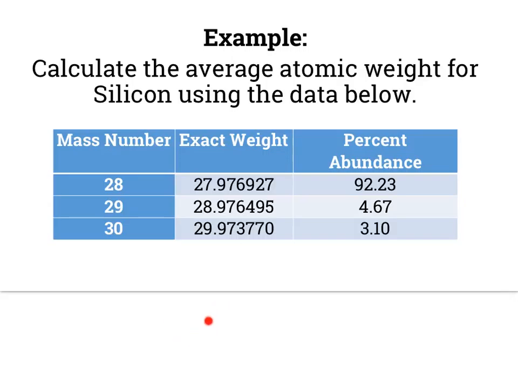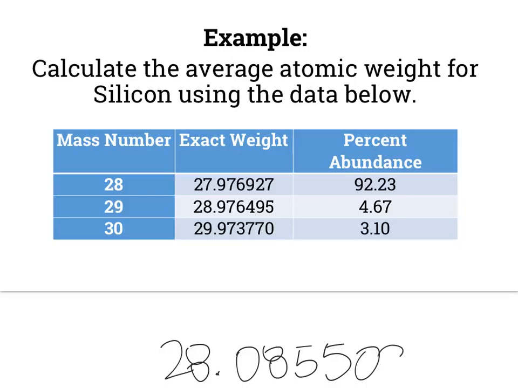You get 28.0855, let's see, we need 6 numbers, 085509. Okay, that's your answer. Not very hard. Again, you're just multiplying the weight by the percent abundance. If you don't like converting these to decimals, you can multiply this times this without changing it and then just divide by 100 when you're done. That'll get you the same answer.